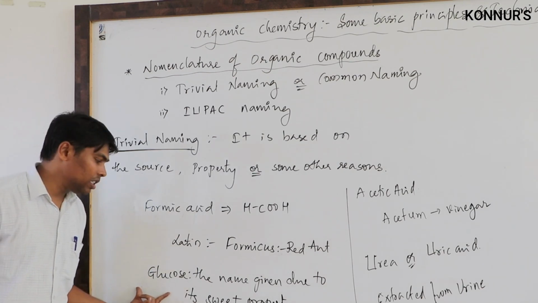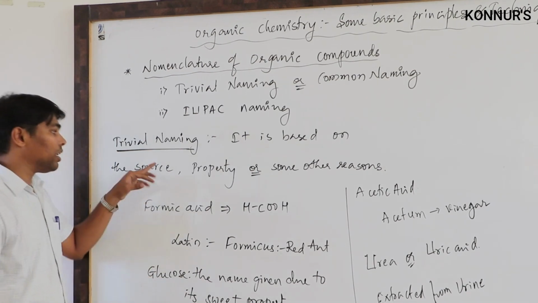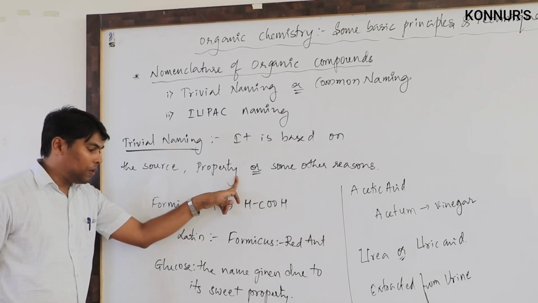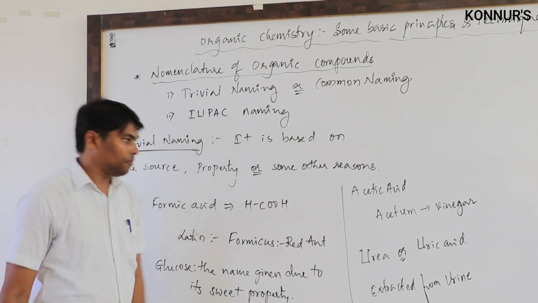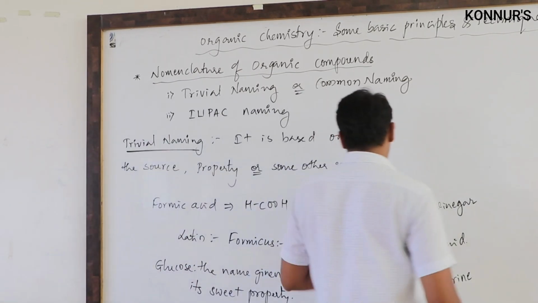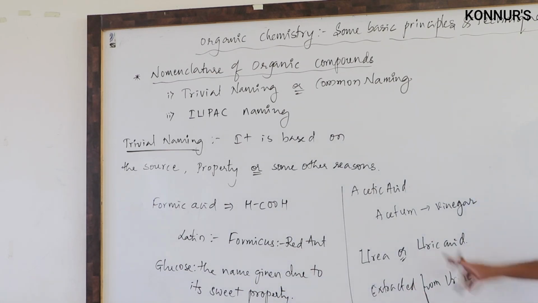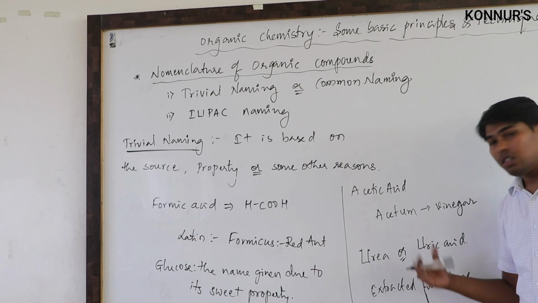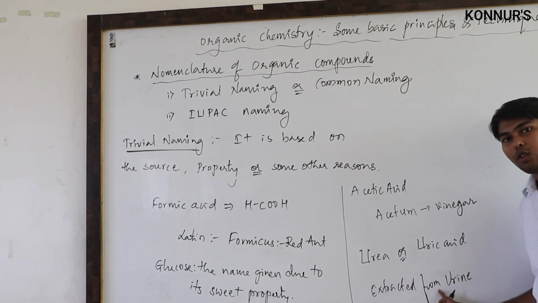And now one more example is glucose. Glucose is based on its property of having sweetness. And now the acetic acid, where acetum means vinegar, and urea or uric acid, which used to be extracted from the urine.